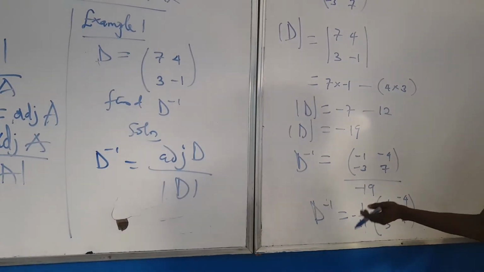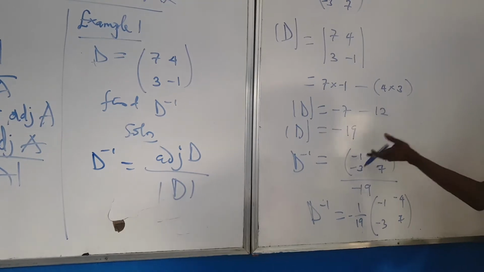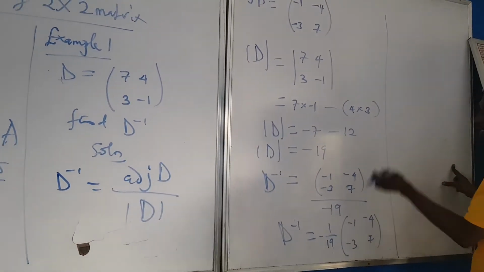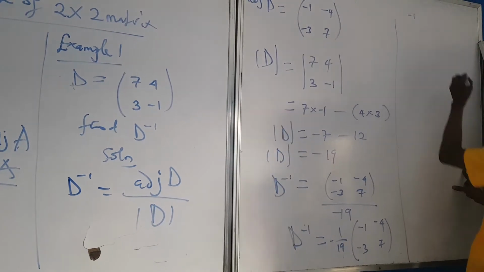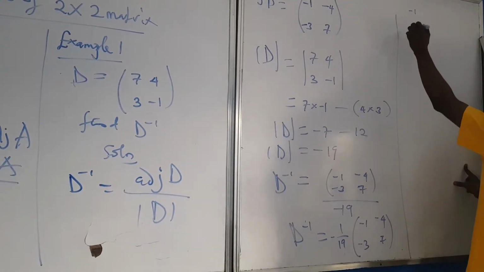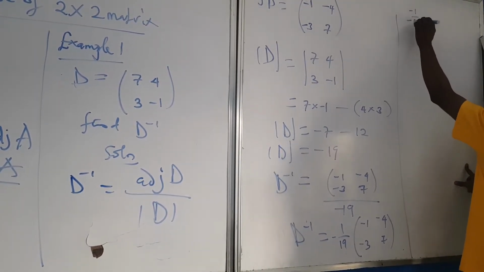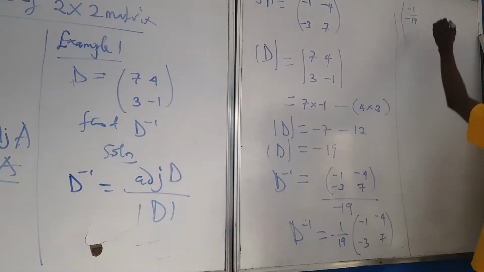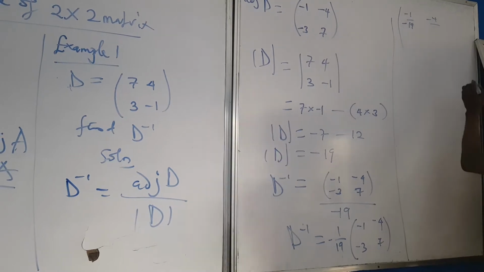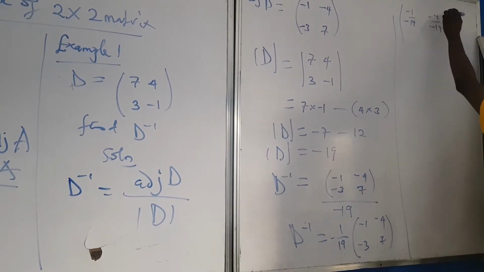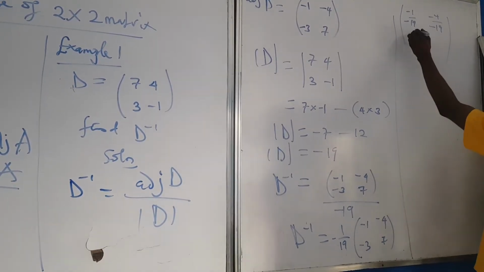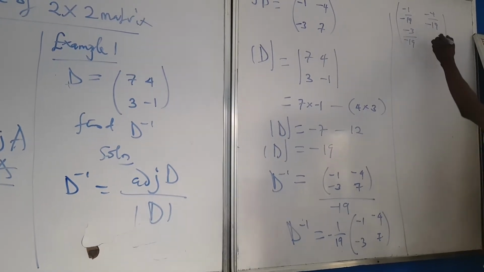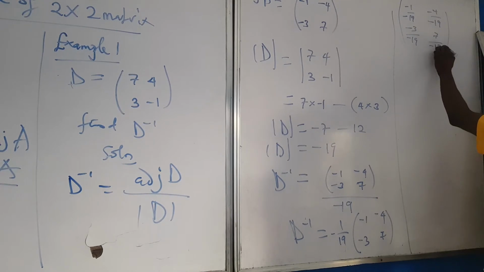If you use it to open the bracket, it's just as if you are using it to divide each member of the matrix. Therefore, we have minus 1 divided by minus 19, and we have minus 4 divided by minus 19, and we have minus 3 divided by minus 19, and we have 7 divided by minus 19.